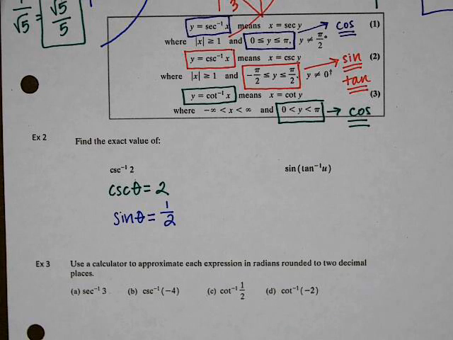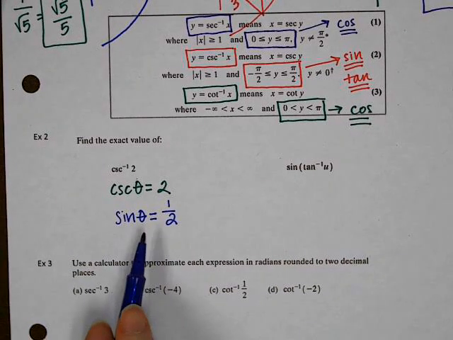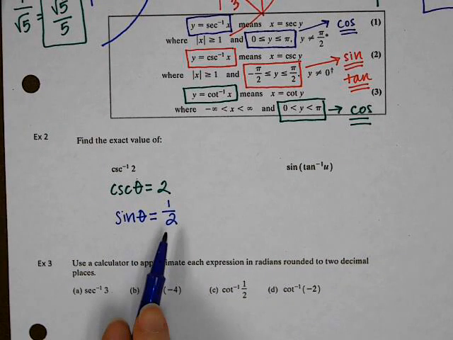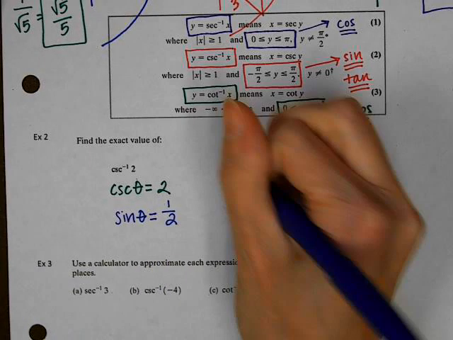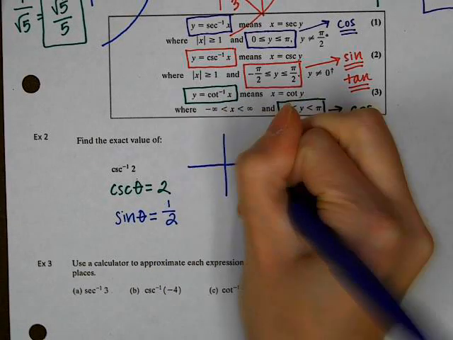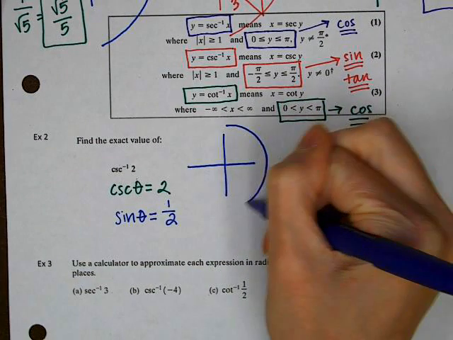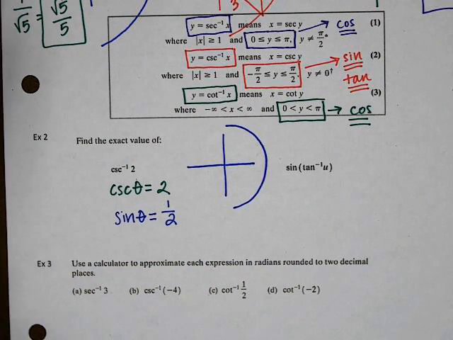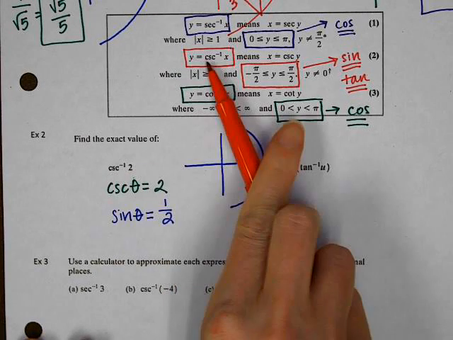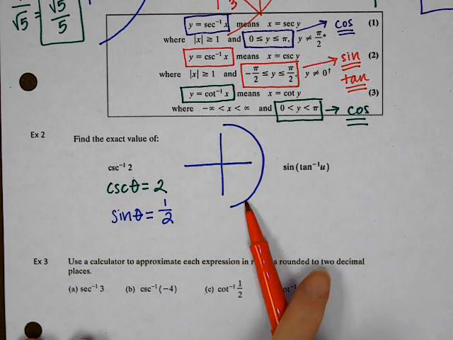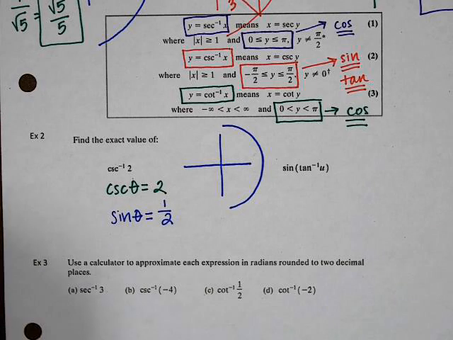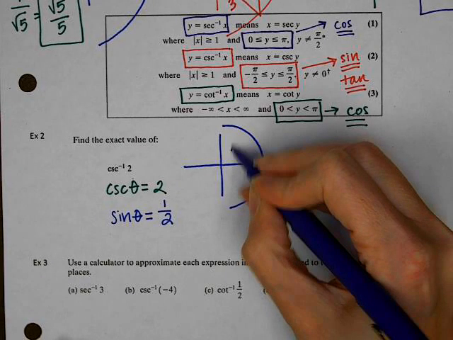And then this is really easy to calculate on the unit circle. Okay, so at what angle is sine 1/2? Now keep in mind, sine's inverse restriction is between quadrants 1 and 4. Cosecant's inverse restriction is the same. Okay, so we're good to go here. This means that we want our answer to be in quadrant 1 here.